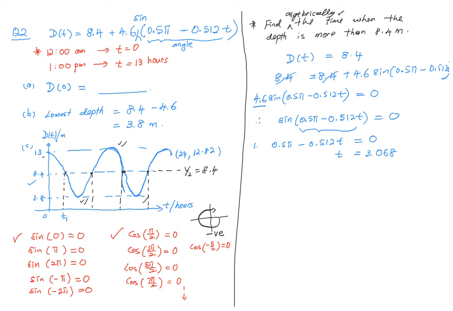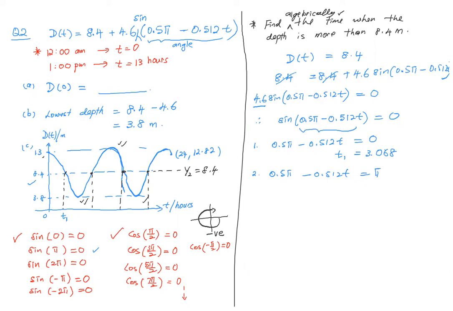I let you see with the graph. Now, second one. So it can come to this one, am I right? So we test whether it can or not. So 0.5 pi minus 0.512t is equal to pi. Can this happen?